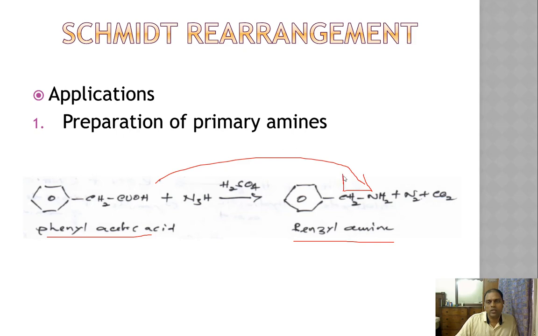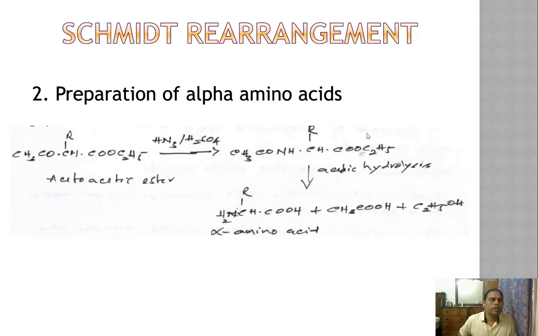Here there is hydrogen, and hydrogen, and there is only one attachment over here, so it is a primary amine. So primary amines can be formed from this Schmidt rearrangement.